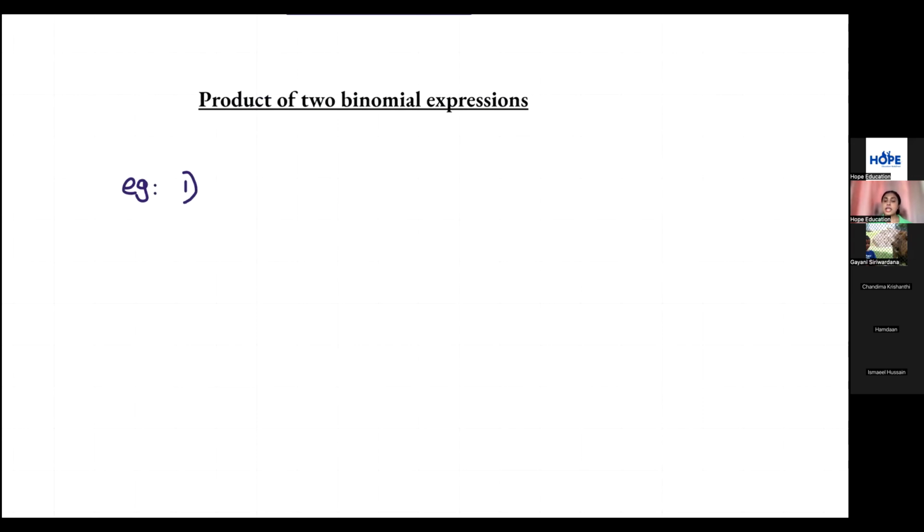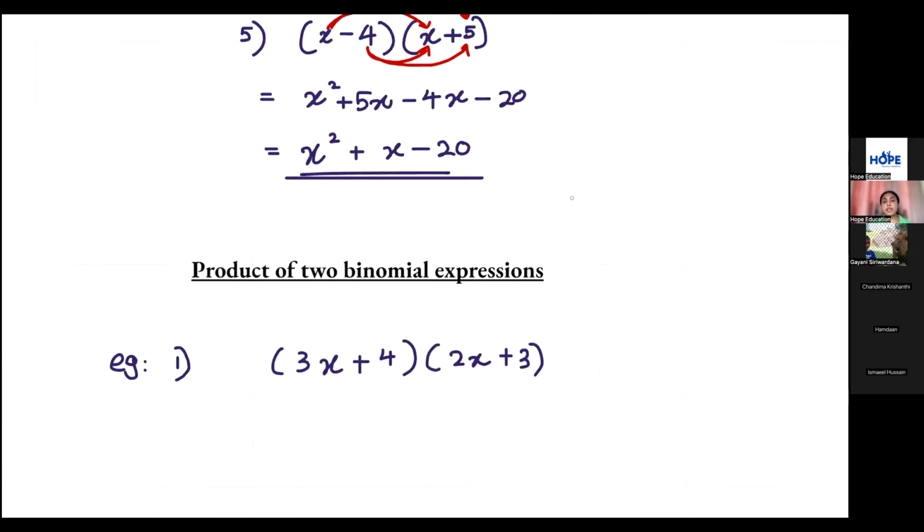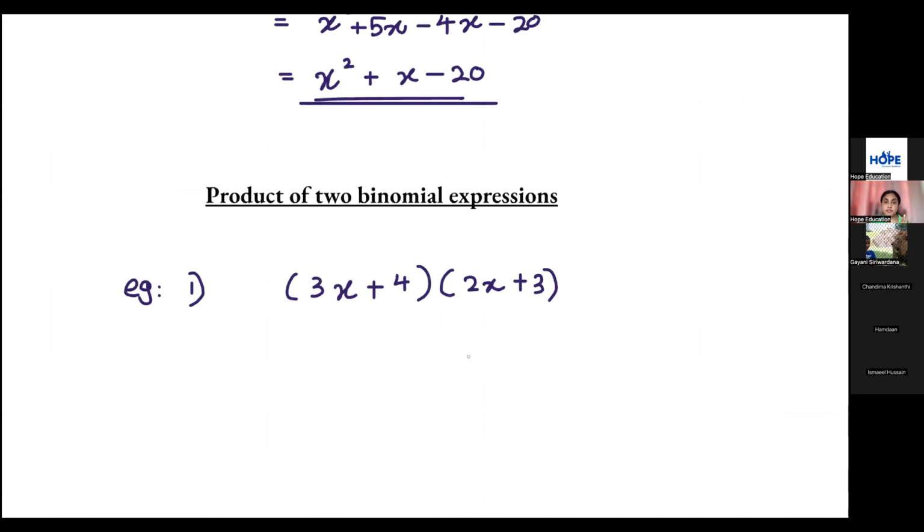Okay, so let's look at an example. Let's say (3x + 4)(2x + 3). We had something like this. So this is also done in the same way as this, but we have to make sure that we don't get confused.